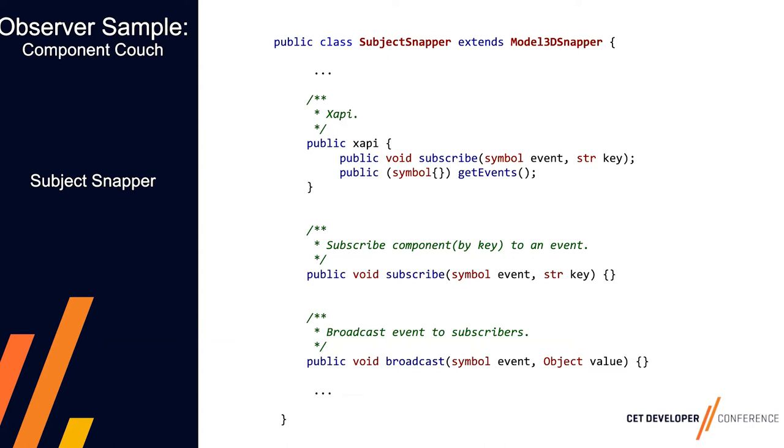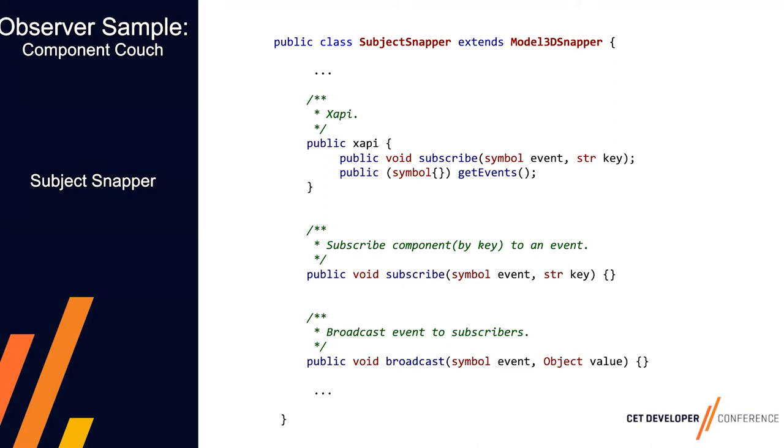So let's start with actually defining that subject half of things. In this case, I'm going to be creating a system that is based on the communication between a snapper and a component in an event-based observer pattern. Right here, you'll see that we have two very important methods: the subscribe method and the broadcast method.